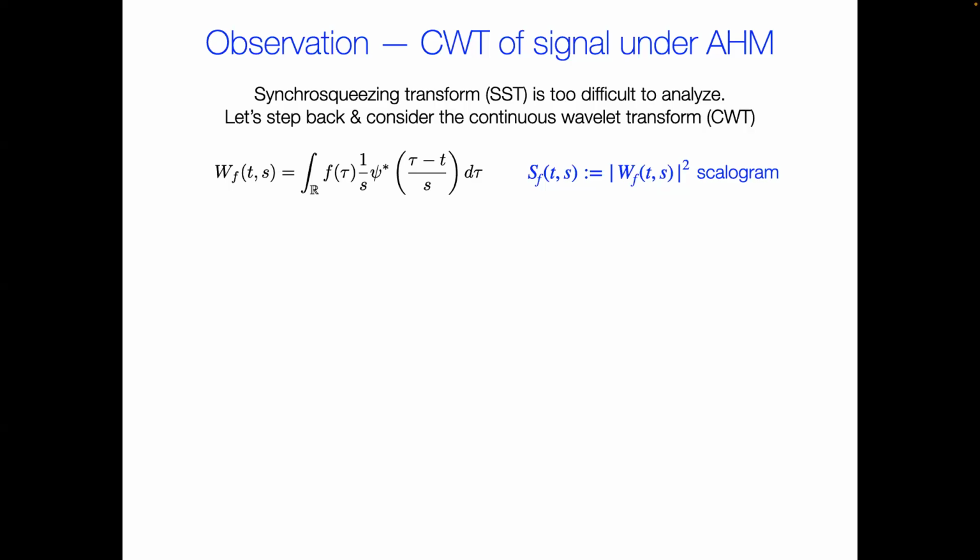You convolve f with the mother wavelet, and when you do the convolution, you dilate ψ by s. That is the continuous wavelet transform. Once you get it at different time and scale s, you take the absolute value and square it. That is what people call the scalogram.